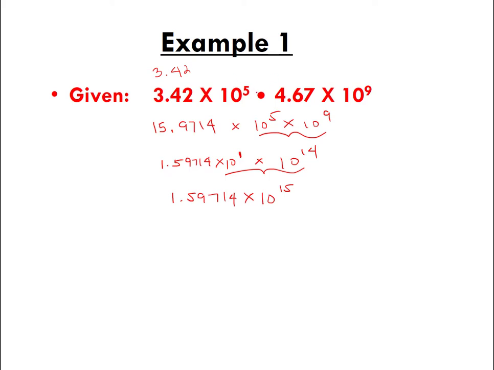So we commuted this. We interchanged this and this. Then this one, 10 raised to 5, then times 10 raised to 9. So it's just basically using our commutative property.